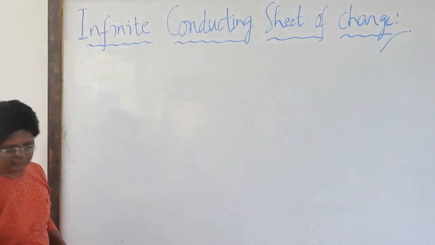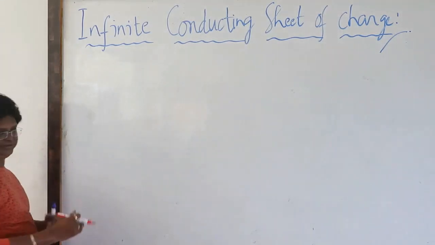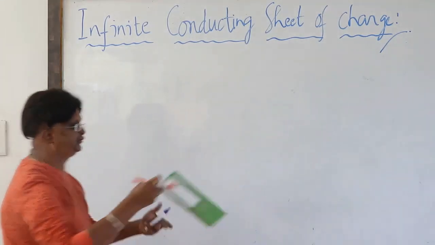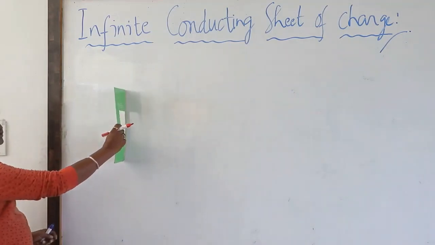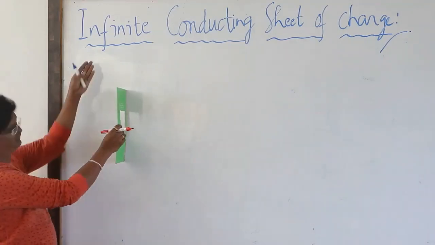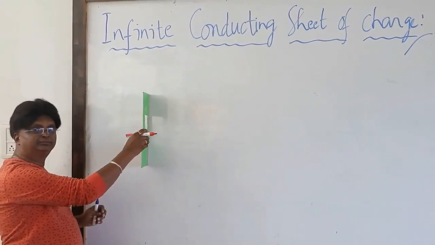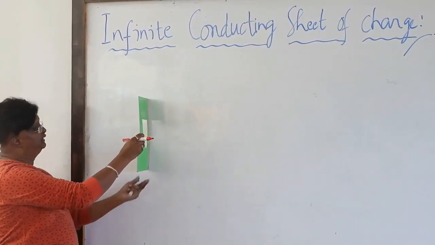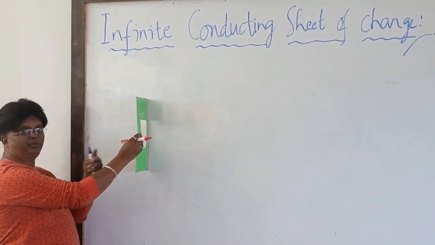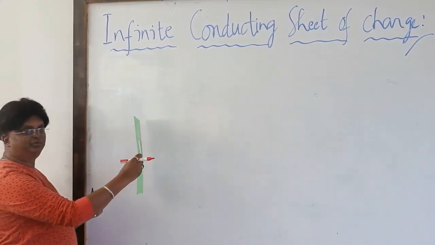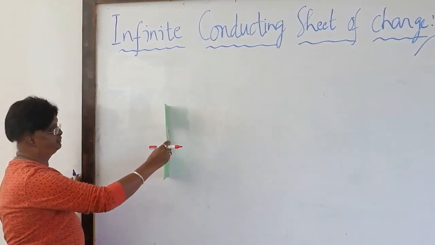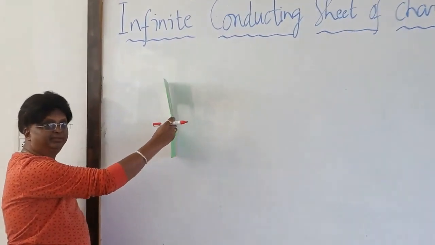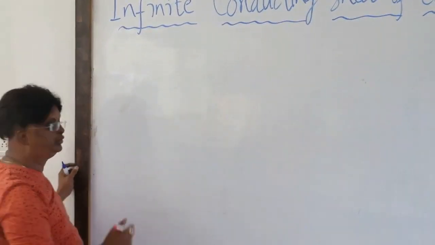Infinite sheet of charge. Here I would like to show you this kind of distribution. This is what you have to imagine. So this is the sheet of charge I have taken. Again, infinite is a very big sheet I have taken. Now for this one, the orientation is important. Is this held normal to the plane of our board? Such a sheet is now represented on the board.